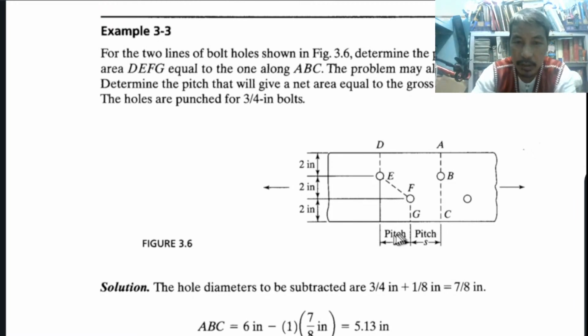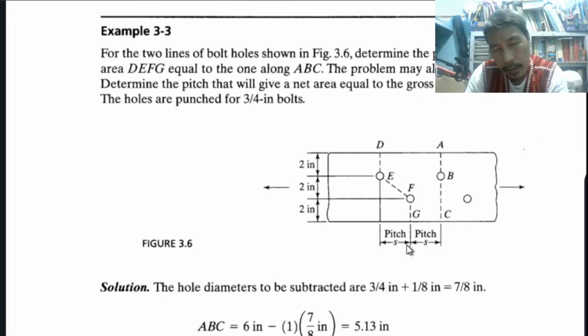What do you mean by pitch? This is the pitch. Pitch is S, the longitudinal path. So this is S, longitudinal. That is what we mean by pitch. This is gauge.